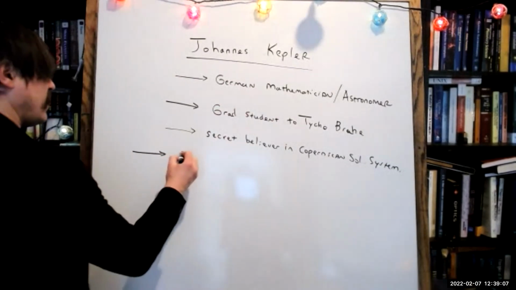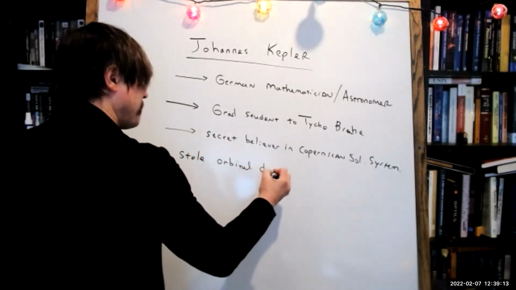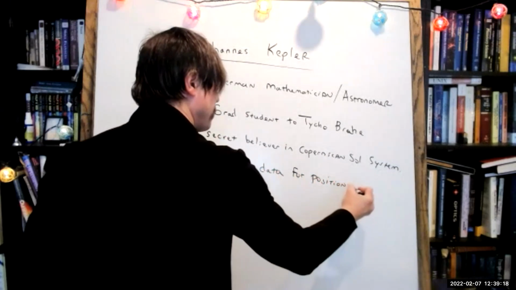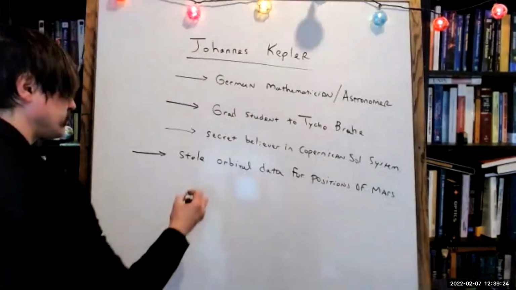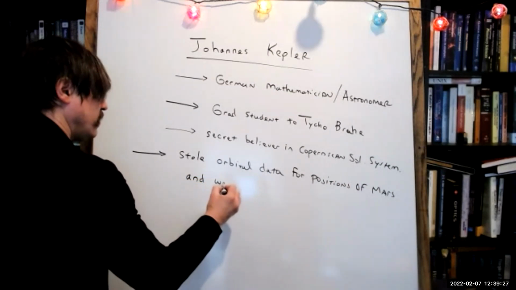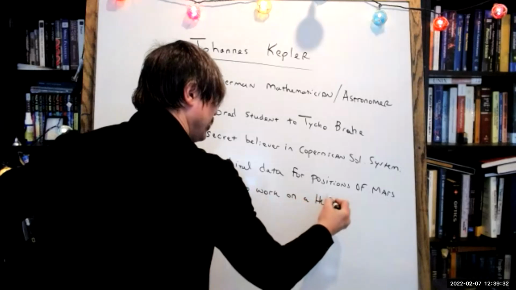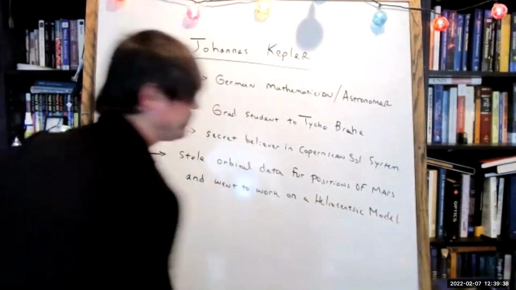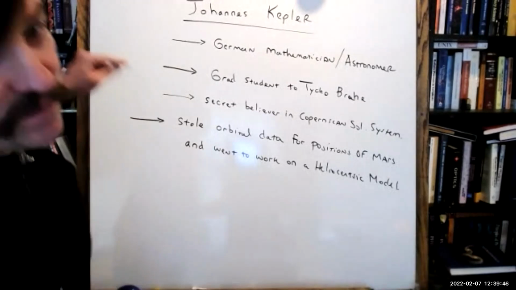And upon Tycho's death, he stole the orbital data for the positions of Mars and went to work on a heliocentric model that would describe the positions of planets better than Tycho's model, better than the Copernican model, and better than the Ptolemaic model. And he found that he could do it.